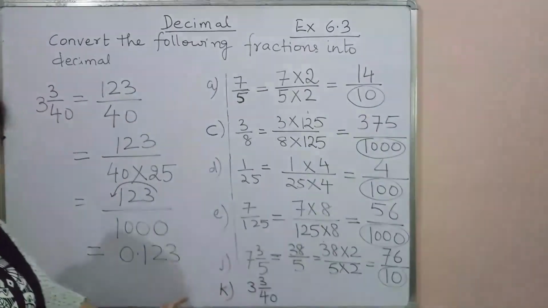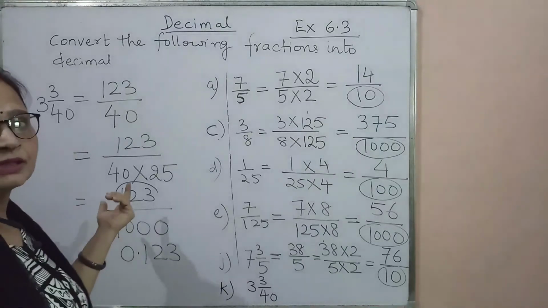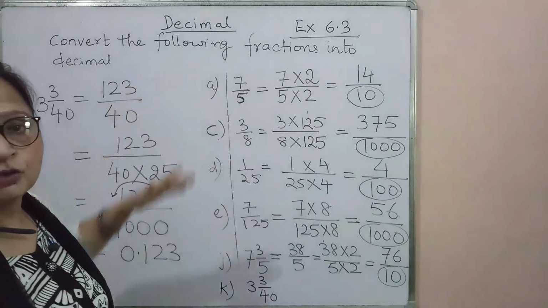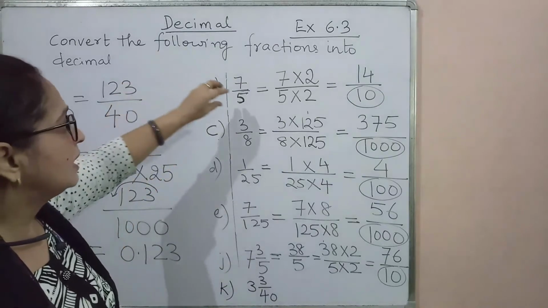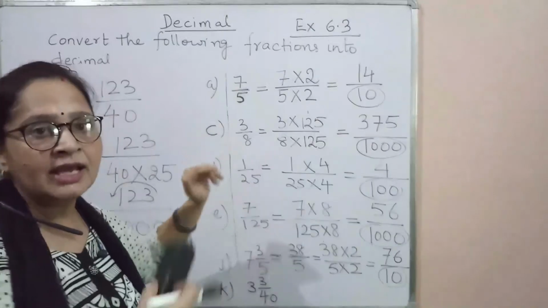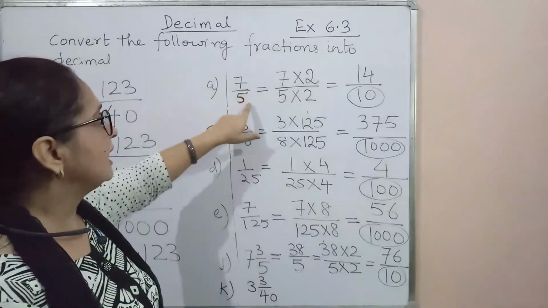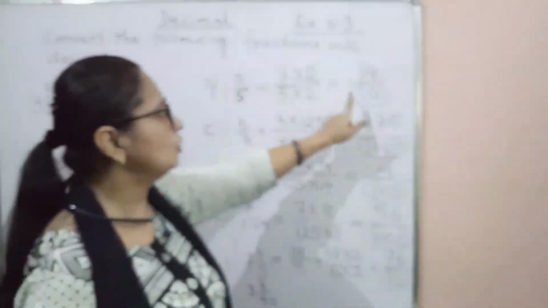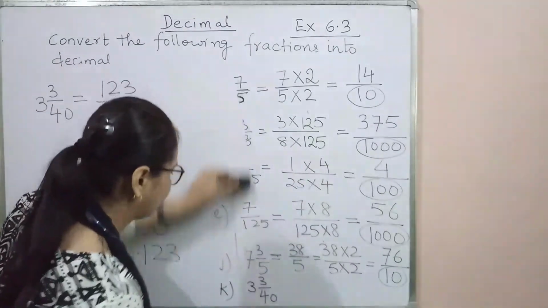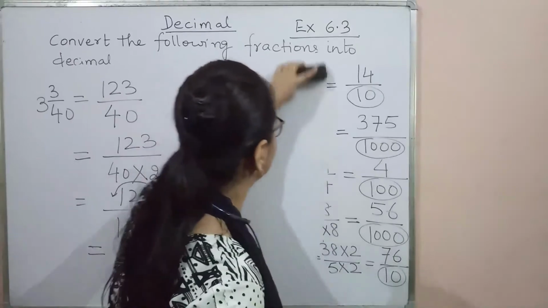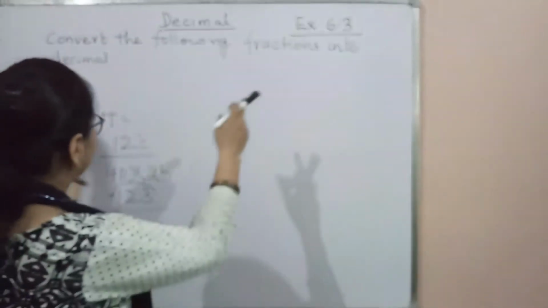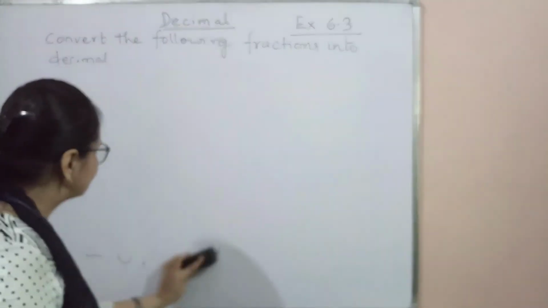Even these questions can be done by one more method which we are going to study now. So let us try different questions where in some cases we cannot change the denominator into these kinds of numbers. So let's take those kinds of questions also. And that is your second method. And that method will be applicable for these questions also.